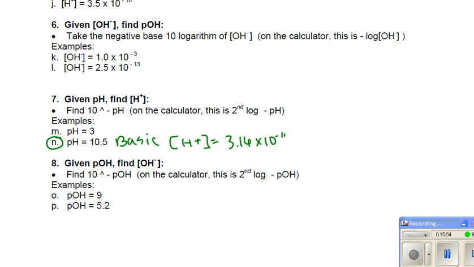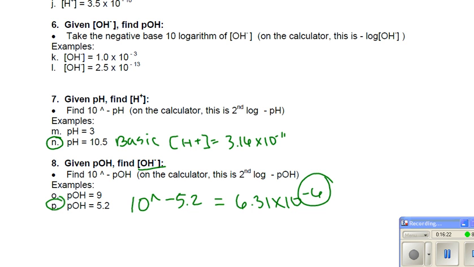Again, if you're going to solve for the hydroxide ion concentration, like problems 8, same sort of thing. Okay, so for P, we would do 10 caret to the negative 5.2, and you get 6.31 times 10 to the negative 6. Your exponent is negative 6. This is larger than 1.0 times 10 to the negative 7.